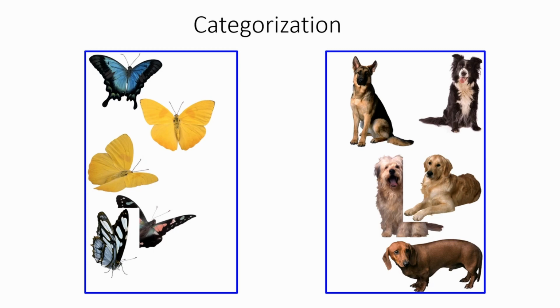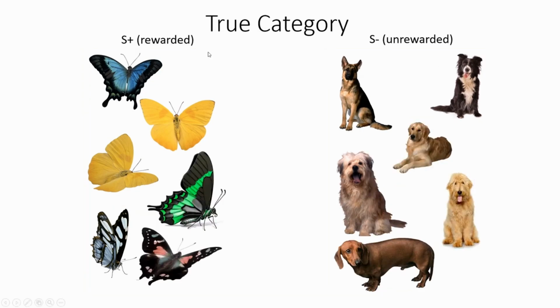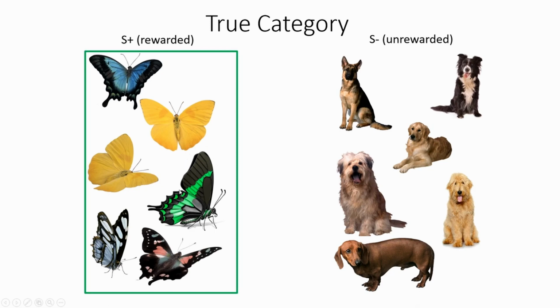So I think I've talked about this example looking at category formation with black-capped chickadees before, using our go, no-go paradigm. So we're going to do it again, just explaining our logic here for categories. So if we wanted to use a conditioning setup and we wanted to, say, help a particular organism form a category for butterflies versus dogs, we could say that butterflies are going to be one category.